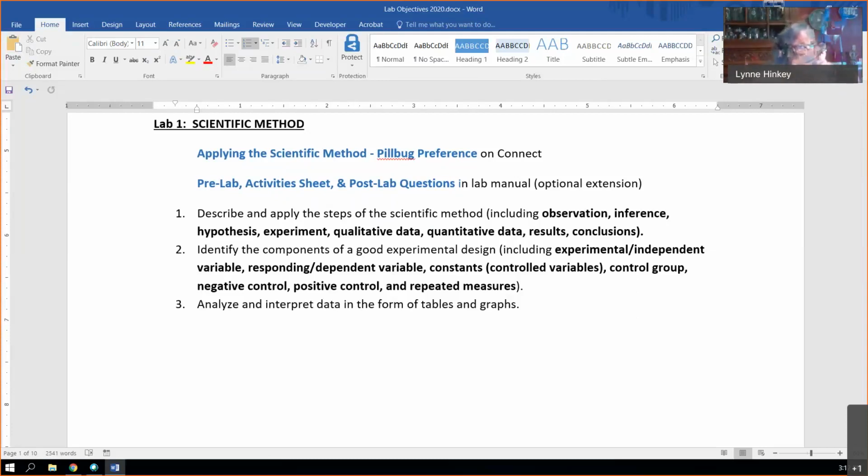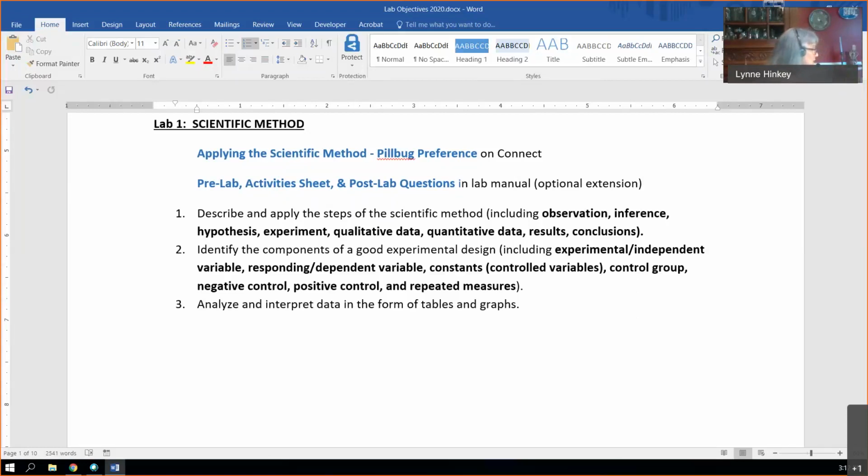And then the other things that students tend to confuse, because they're similarly named, are controlled variables versus control groups. So controlled variables, just focus on that, it says variable. Those are things that could change, and they could change the outcome.